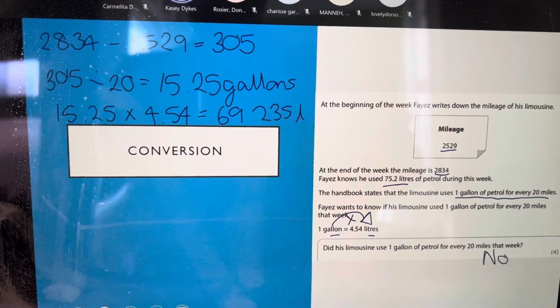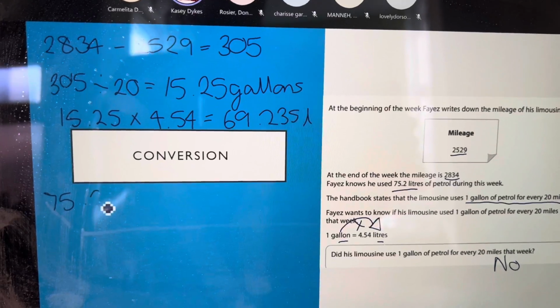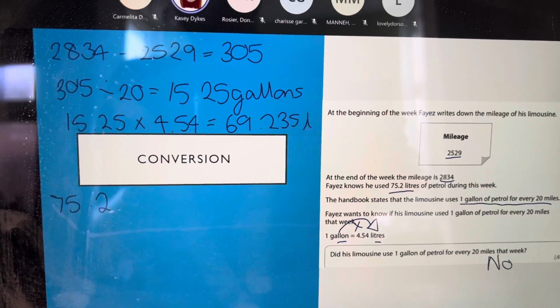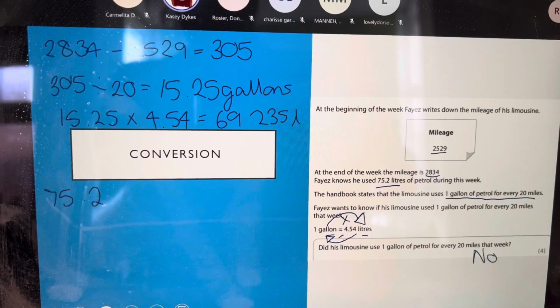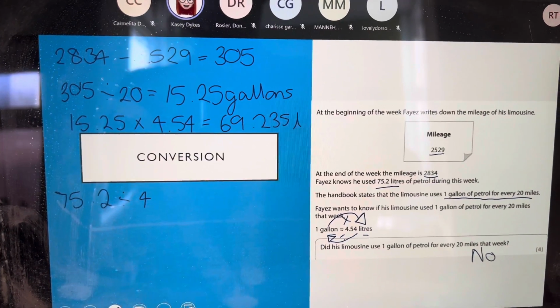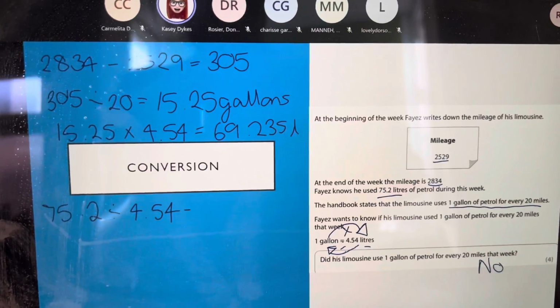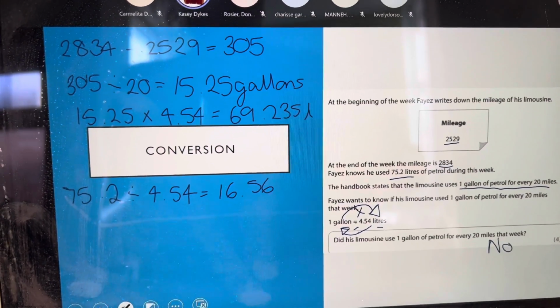Another option is I can take my litres and I can turn that into gallons. So going back the other way, litres to gallons, we divide by 4.54 and I get 16.56 gallons.